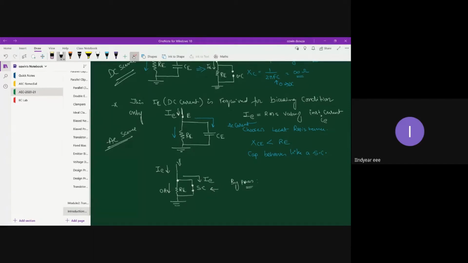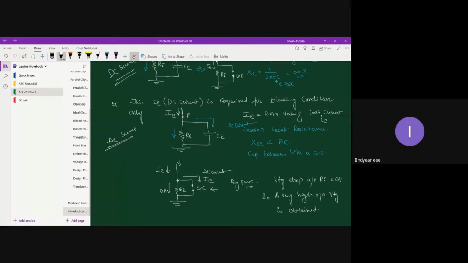The function of the bypass capacitor is to provide a bypass path for AC current. Since AC is flowing through the bypass path, the drop across RE becomes 0. So the voltage drop across RE is 0 volt. Therefore, a very high output voltage is obtained.